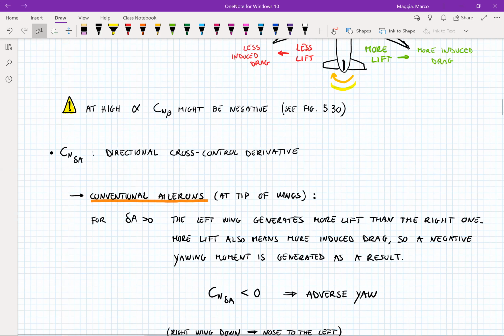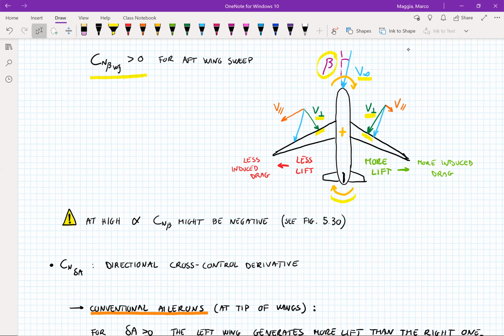But for high angles of attack, well, the derivative might be negative, so we might lose the directional stability. And you can take a look at figure 5.30 in the book. Let me just summarize it here.